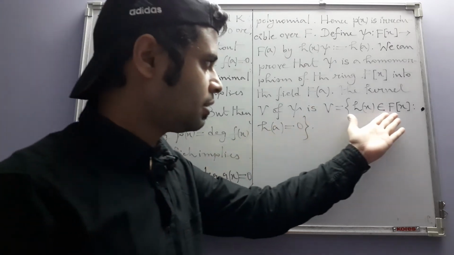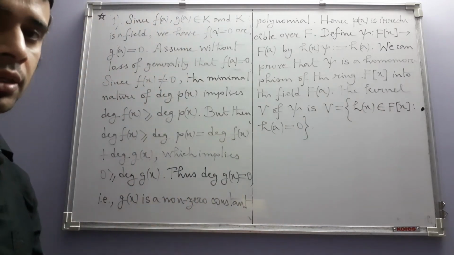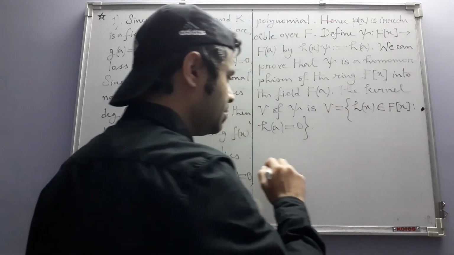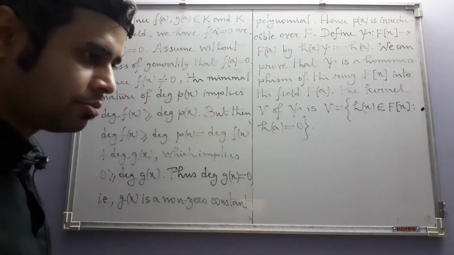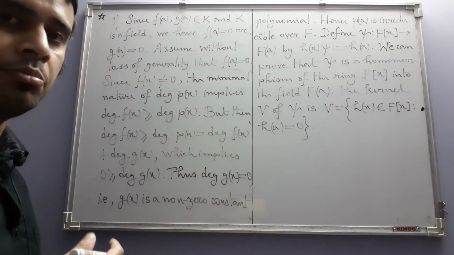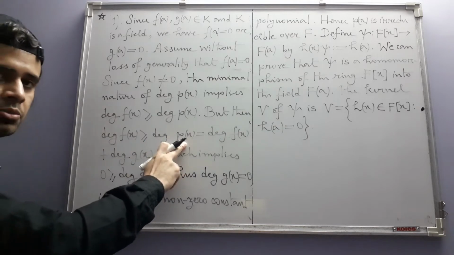But since we are in a polynomial ring, we know that the d function is degree. So V will be generated by a polynomial that a satisfies and which has minimum degree. p(x) is such a polynomial.